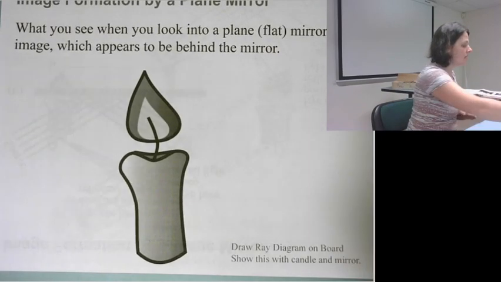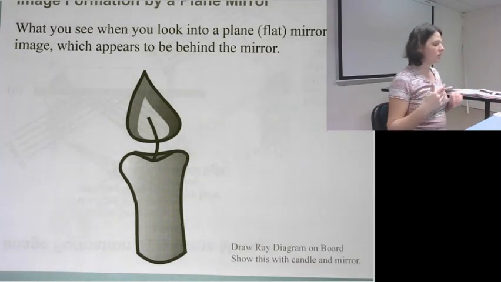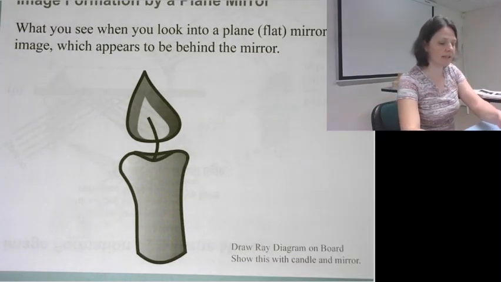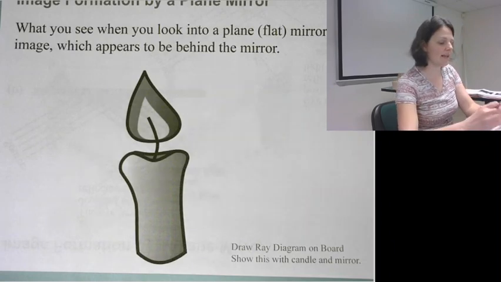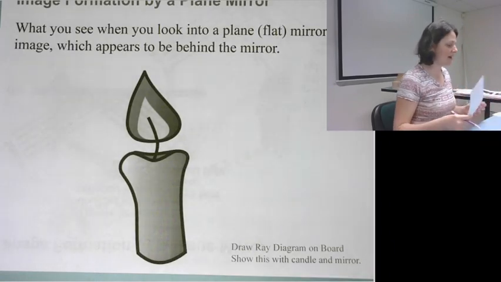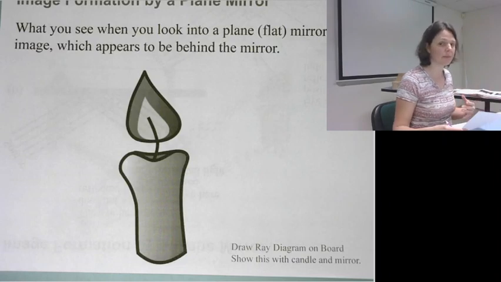Okay, so when you look into a mirror, you are seeing an image, and that image is a virtual image of yourself, and you're seeing something that appears to be behind the mirror.